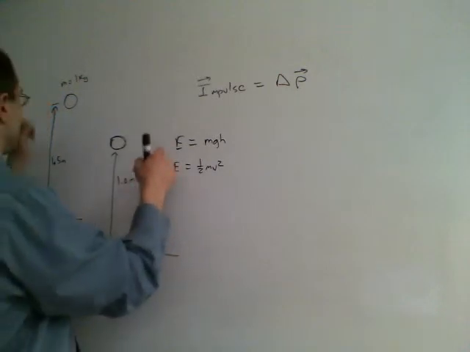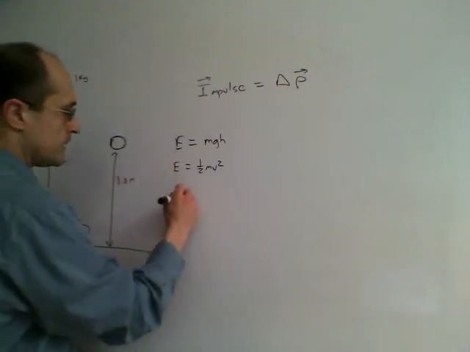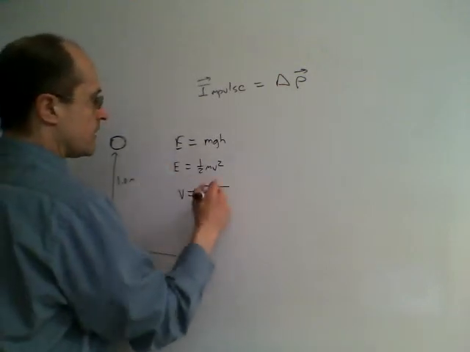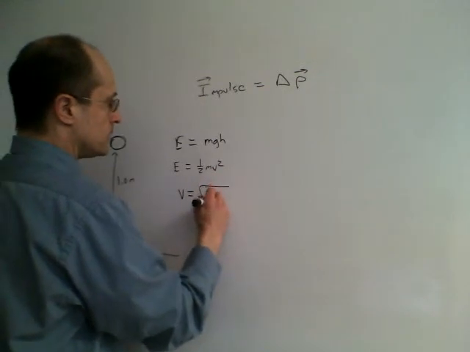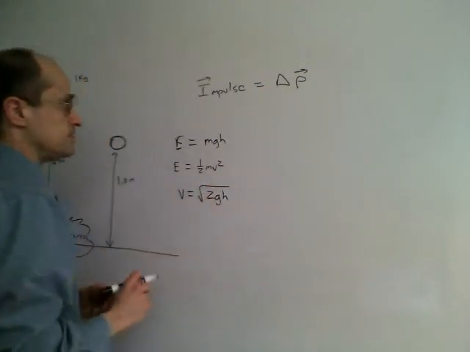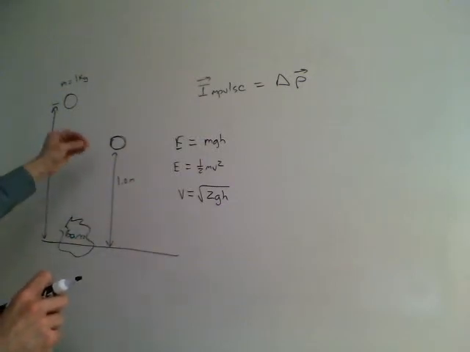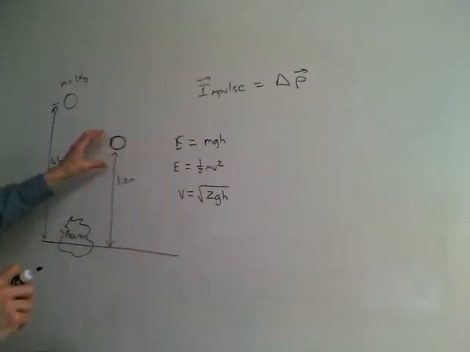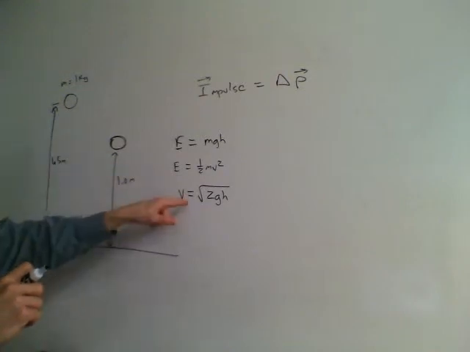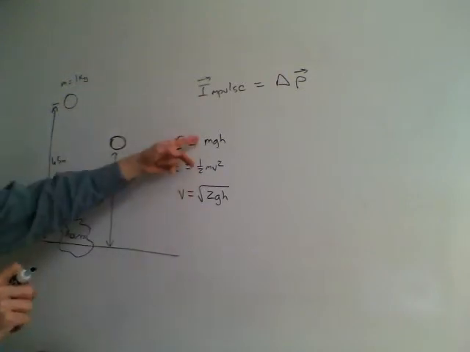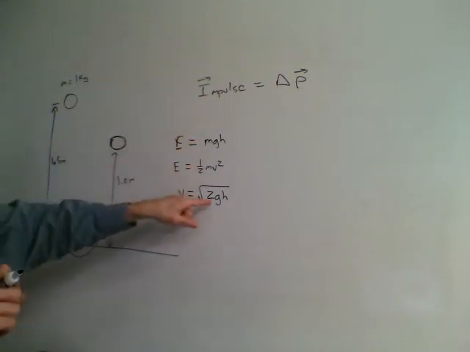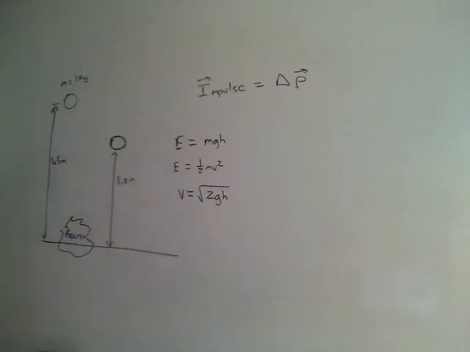So we know the ball initially, when you drop it, right before it hits the ground, has a velocity of square root of 2gh. Now when the ball comes off the ground and bounces back up, these just flip, and it's going to have a velocity of square root of 2gh.